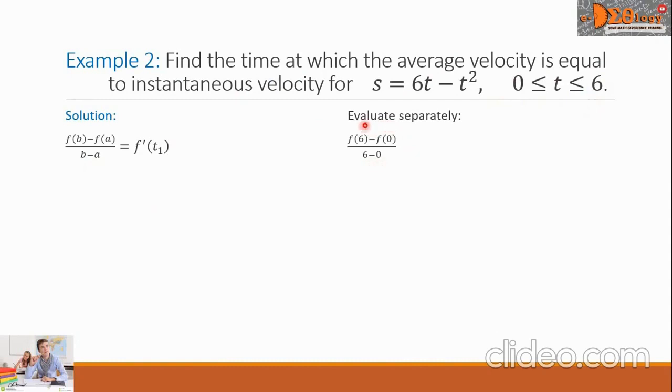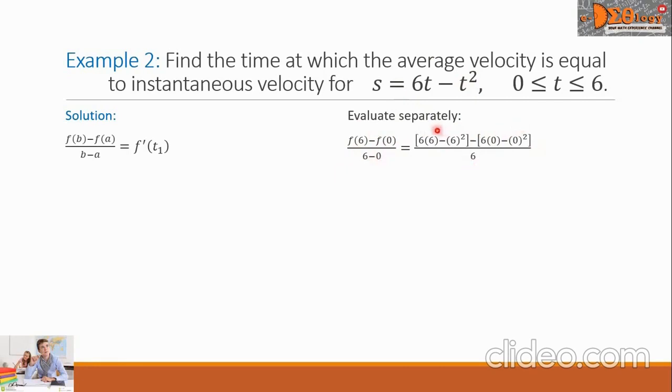Let us now evaluate our function here with respect to 6 and 0 respectively. So f of 6 equals 6 times 6 minus 6 squared. Then we'll copy the minus sign. Then f of 0 is now 6 times 0 minus 0 squared, all over the 6 minus 0, which is simply 6.